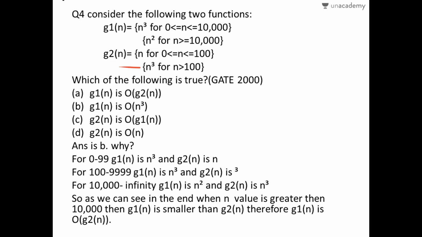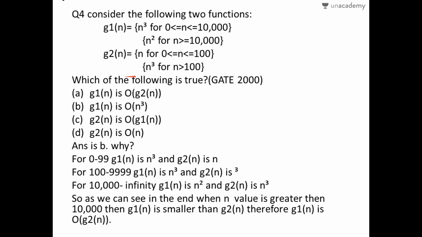For 10,000 to infinity, G1 will be n square, because it says that for n greater than or equal to 10,000, G1 will be n square. And G2 will be n cube.